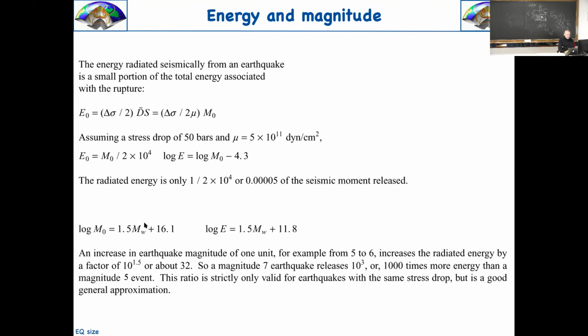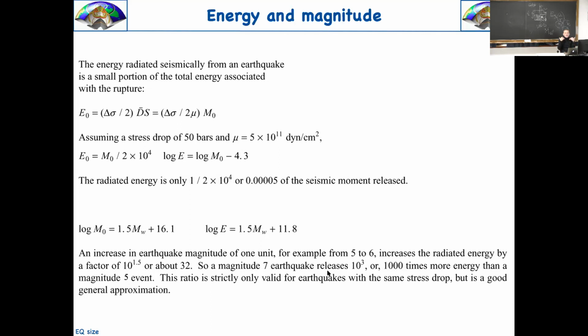And here there is another important issue, because this is the summary for today. Look, this is in centimeters. Because actually, if you consider one step in magnitude, one increase here, for example, from 5 to 6, and you convert it in energy, please remember that we have a factor of 32, because we have 10 to the 1.5.